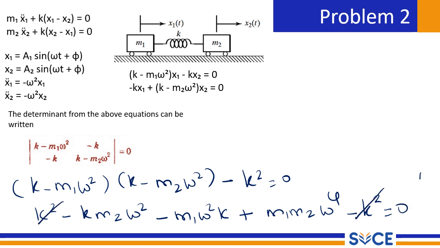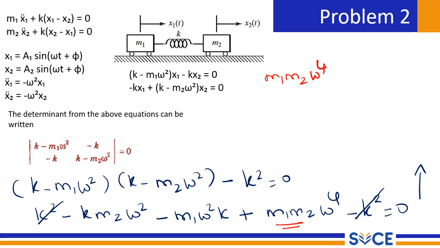Now I write it in the space here. This term I am going to write first, since it is omega power 4. So m1 m2 omega power 4.